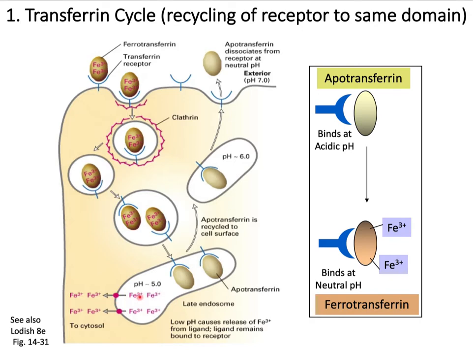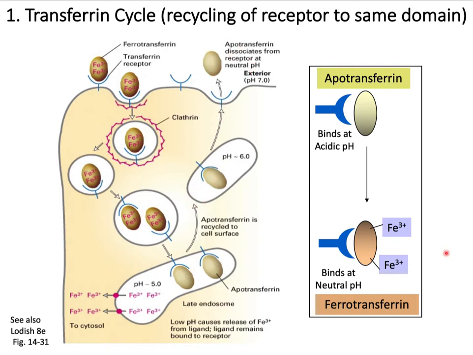Now remember that the apotransferrin is bound very tightly to its receptor in the acidic environment. The apotransferrin does not come off its receptor, because it has a high affinity for the receptor, and the receptor and its cargo, which is apotransferrin, are trafficked back to the cell surface. Now the receptor and its cargo are in a neutral environment again.